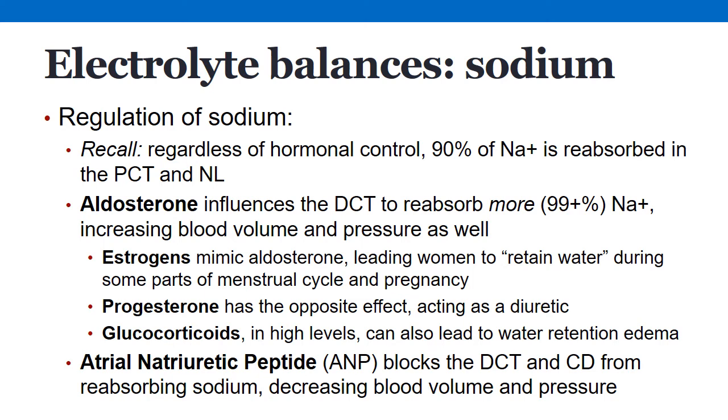Okay. The opposite of aldosterone is atrial natriuretic peptide. As the name suggests, natrium, or sodium, comes out in the urine. So ANP blocks the DCT and collecting duct from reabsorbing sodium, which means more sodium goes out in the urine, more water goes out in the urine following sodium, and so we're decreasing the blood volume and the pressure.